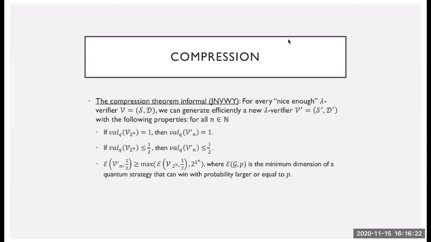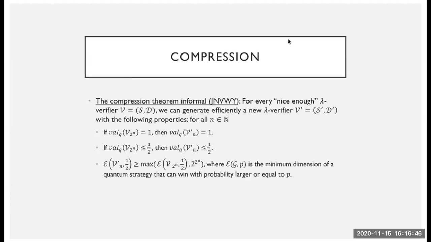You generate a new verifier, so a new sequence of games, and I claim only things about the entries of the sequence that are powers of 2. The claim is the relation between the new sequence and the original sequence where the inputs are powers of 2.